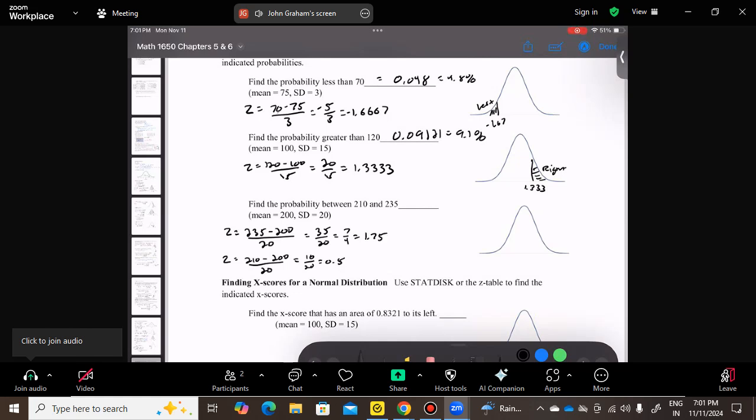So we want the probability of z less than 1.75 and the probability of z less than 0.5. So two different values here. Again, we're looking for that middle region.